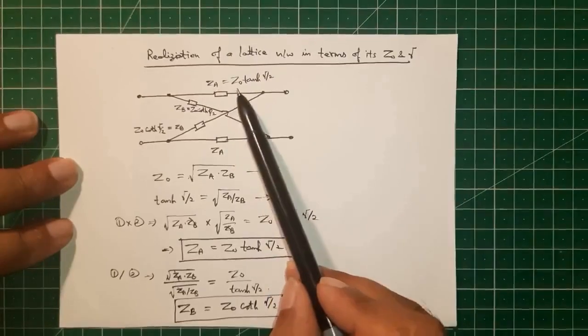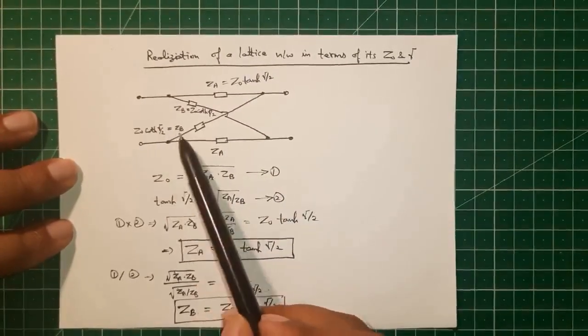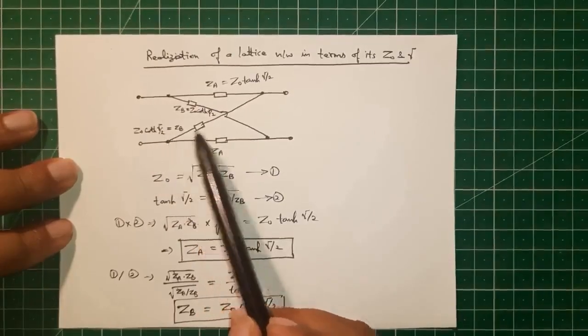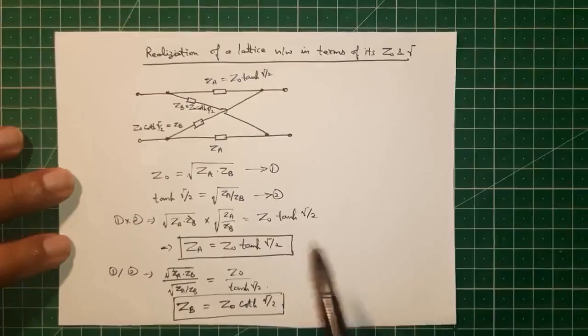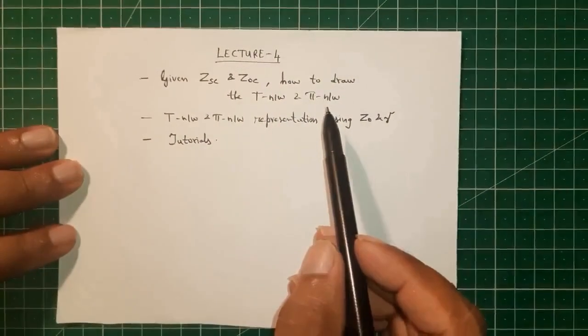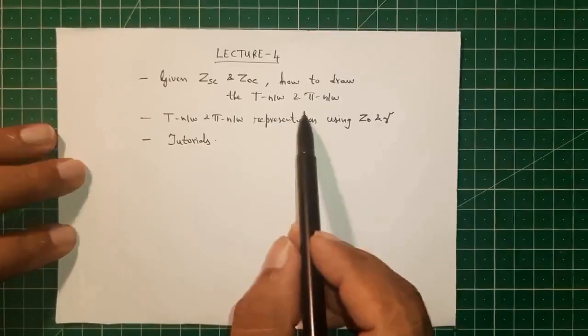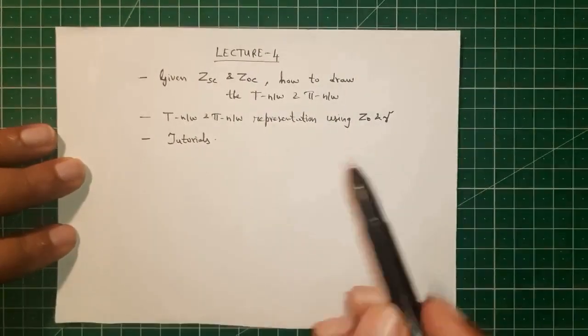So this is our lattice network representation using characteristic impedance Z0 and propagation constant gamma. So we have ZA is equal to Z0 tanh gamma by 2 and ZB is equal to Z0 coth gamma by 2. With this we conclude lecture number 4. In this lecture we have seen how we can represent a T network and a pi network given the short circuit and open circuit impedances.